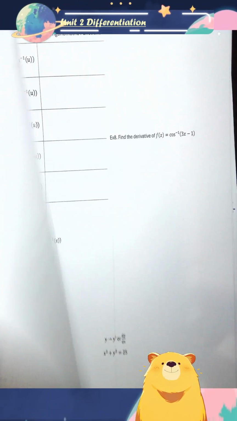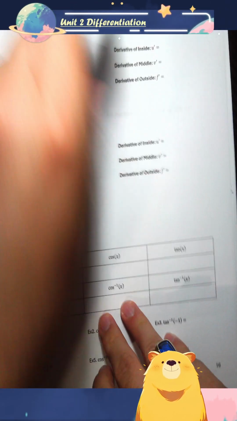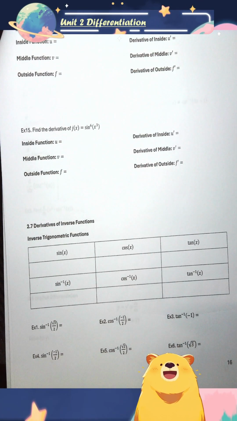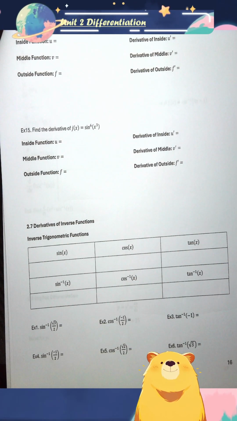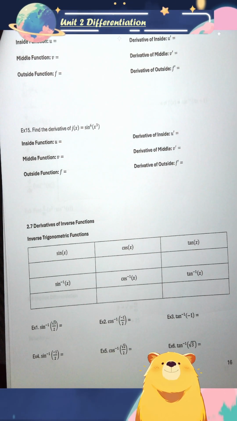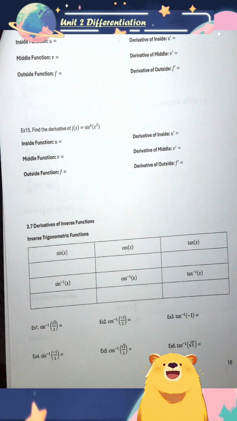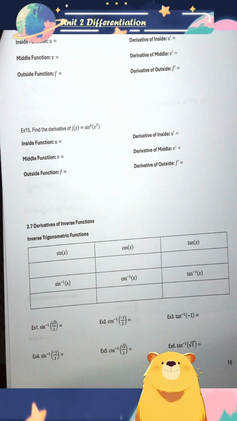All right, we're almost done. The chain rule has the ability to go on indefinitely. You can take a function within a function within a function within a function. However, the example I chose to include is just when we have 3.